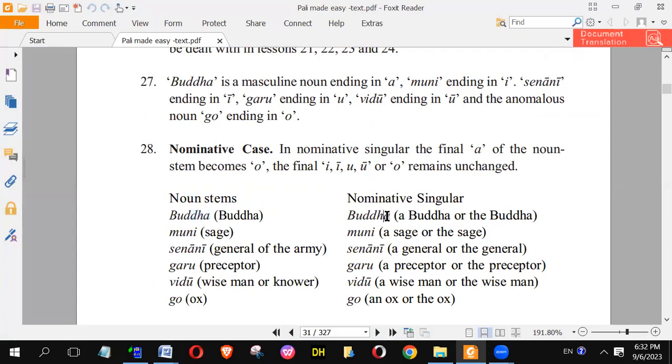If you have the book, please change it to O. If you print out the book, it should be O. So Buddha is a stem. Buddho is a nominative singular.